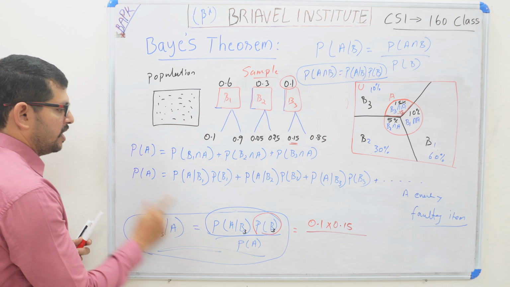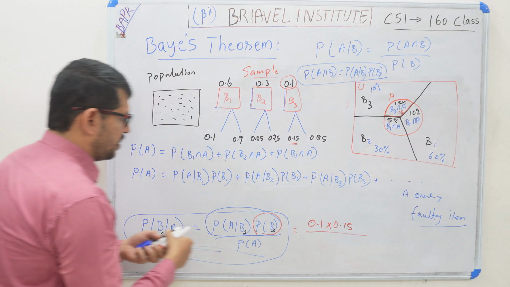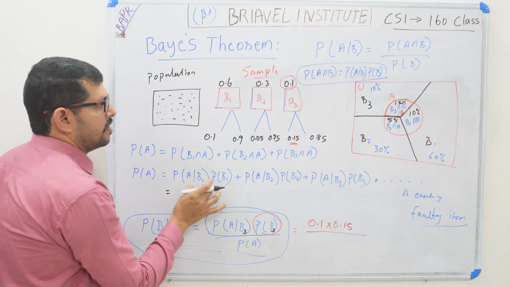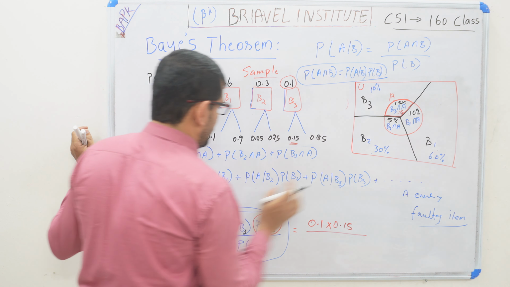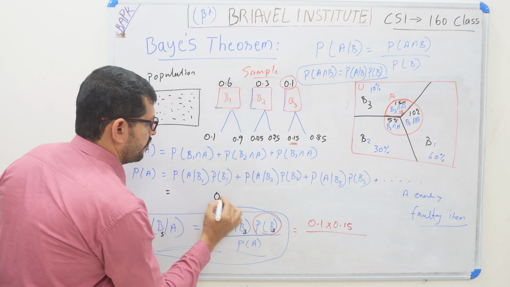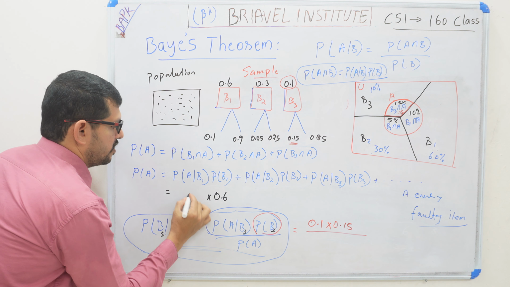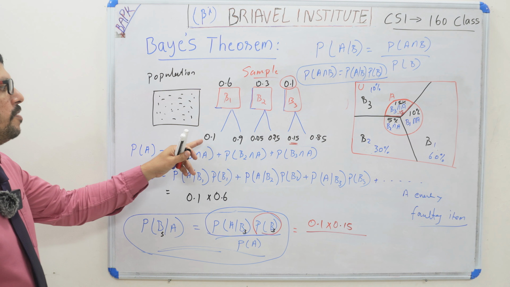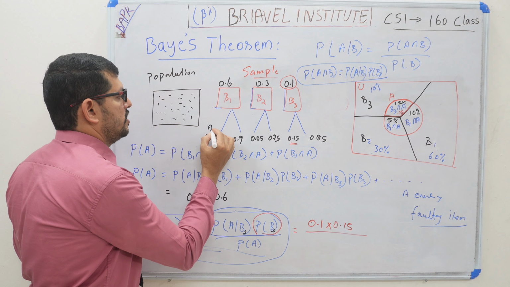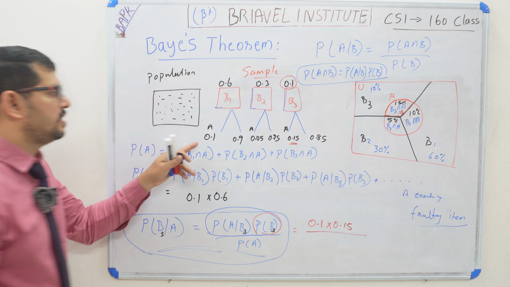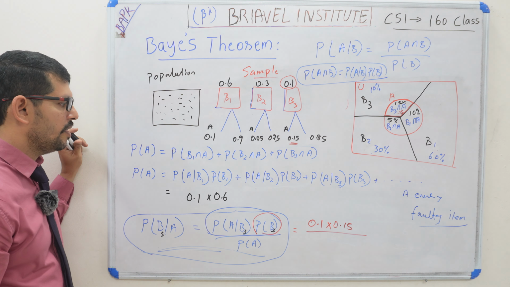In the same way, probability of A is the total event. What is the total event? We can write it here. Probability of A given B1: the probability of selecting B1 is 0.6, and A from B1, what are the chances there? 0.1. So this is the A event, and the chance is 0.1.